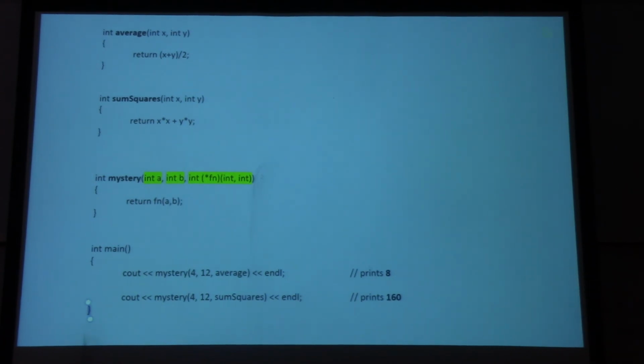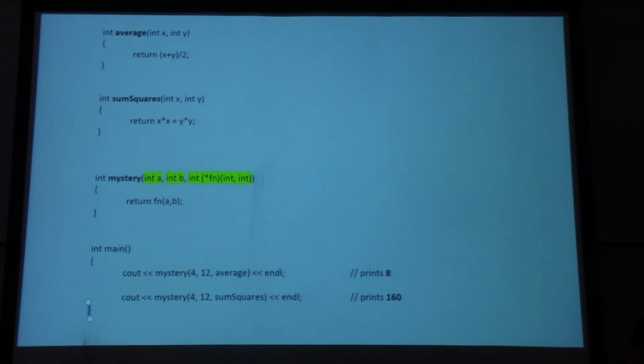But we've seen it before, so we're not going to panic, because we're going to read it to ourselves. Star fn is a function that takes 2 ints and returns an int, so fn is a pointer to a function that takes 2 ints and returns an int. So fn is basically a pointer to functions. So it takes an int, and a pointer to functions that have this signature.